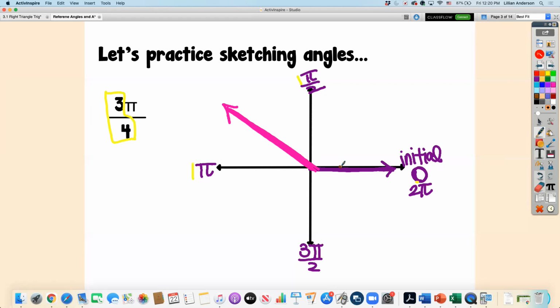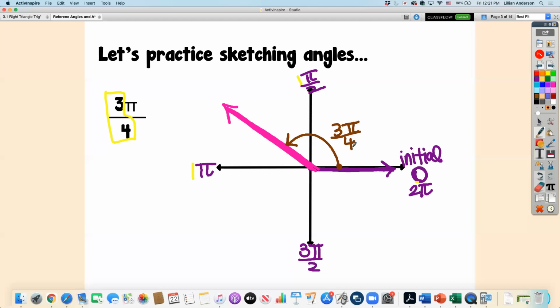I need to start at my initial side and go counterclockwise. Remember, counterclockwise represents a positive angle, clockwise represents a negative angle, and then of course, this couldn't hurt either. But make sure you always start on your initial side for positive angles going counterclockwise, and you also have the arrow that's pointing there, okay?